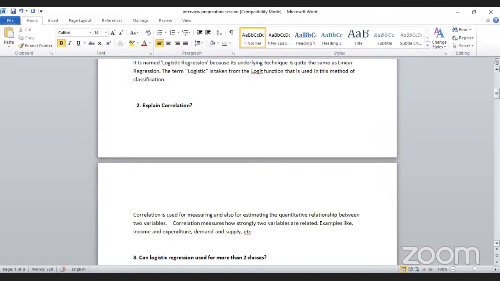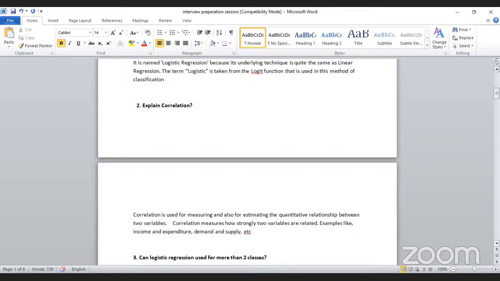Correlation is used for measuring and also for estimating the quantitative relationship between two variables. Correlation measures how strongly two variables are related to each other. We have examples like income and expenditure. In the same way, we can say demand and supply.